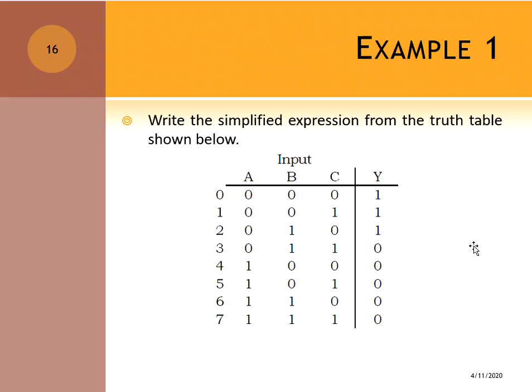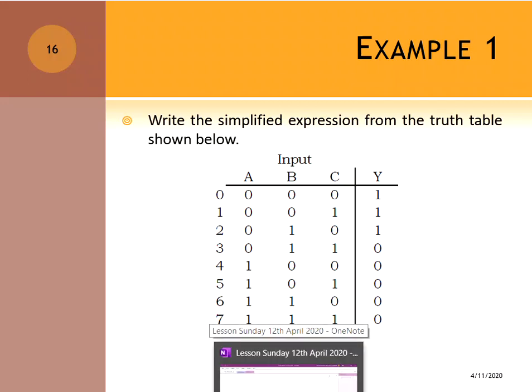Okay, let's try to see this one. Let's try to draw together. So we have 8 possible outputs for this truth table, meaning that we are going to have 8 cells.